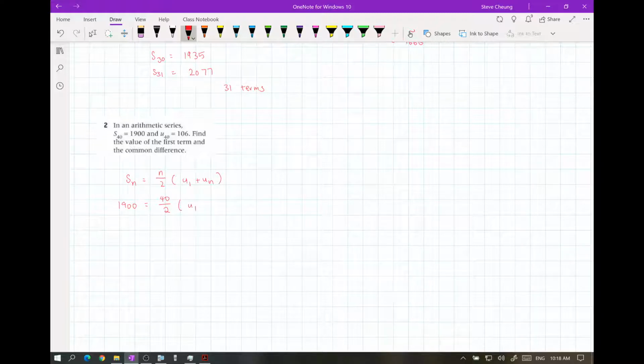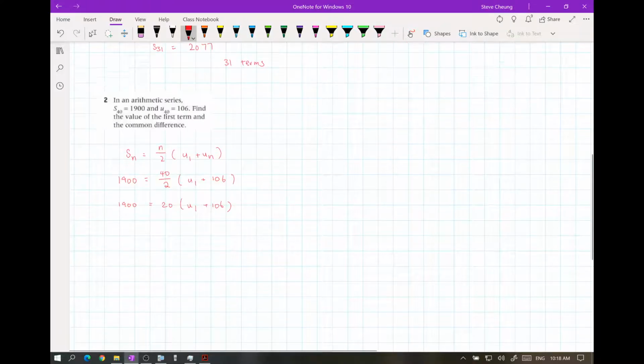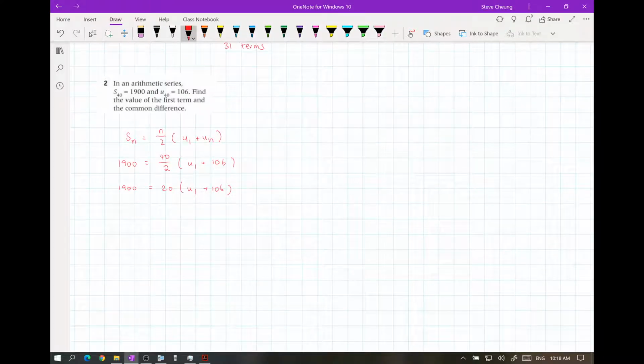So here we have u1 plus 106. Then let's simplify this. Just like in the previous question, I'm going to divide by 20, which will be 95 on the left. If I move 106 to the left, this will be -11.